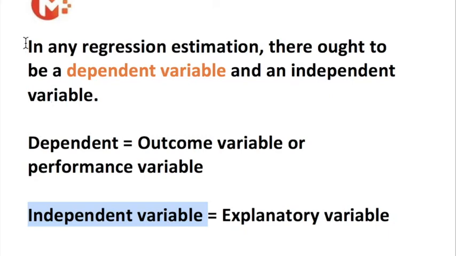There is one thing that you need to understand: despite the fact that regression deals with the measurement of the dependence of one variable on another, it does not imply causation. A lot of people make this mistake.